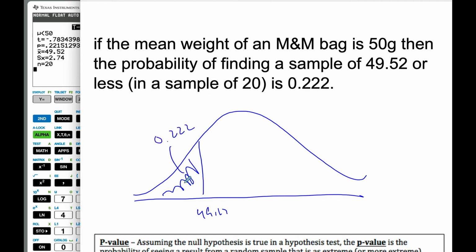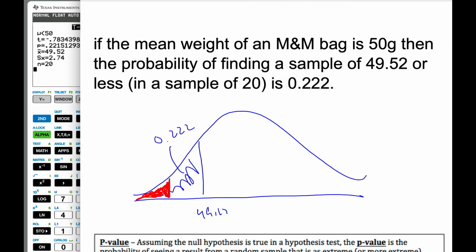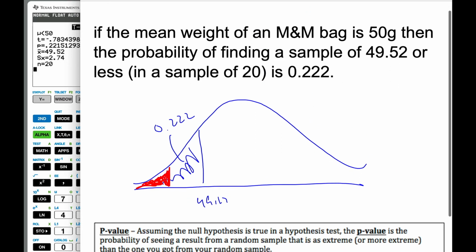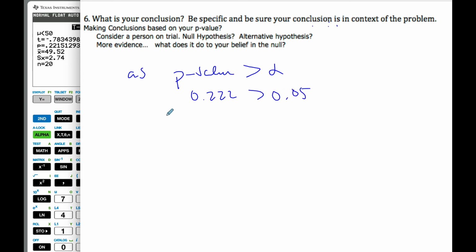Now, my alpha value is 0.05 here. In order to be significant, it would have to be in this region here. And because my p-value is so large, what I will do in my conclusion is say the p-value is bigger than alpha; this 0.22 is bigger than 0.05.